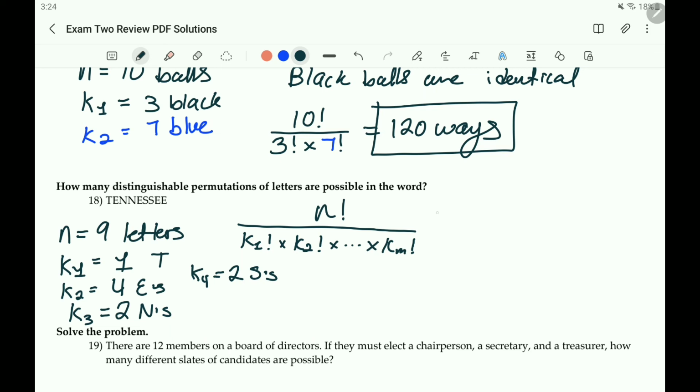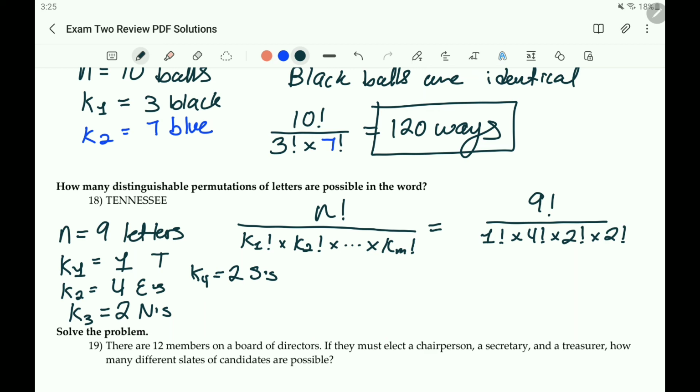Now we can plug it into our distinguishable permutation formula and get our results. 9 factorial divided by 1 factorial times 4 factorial times 2 factorial times another 2 factorial.